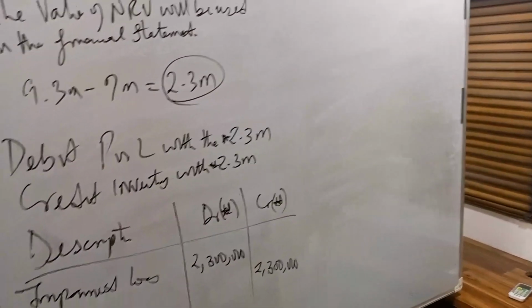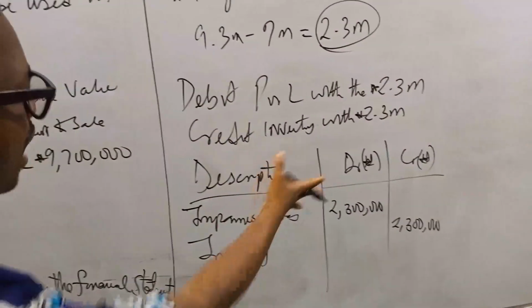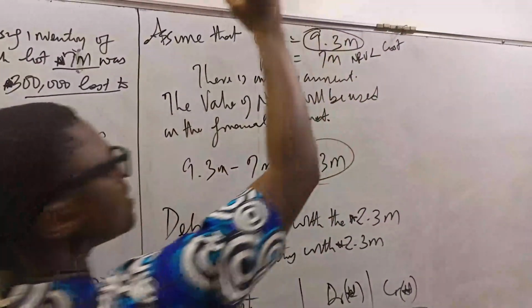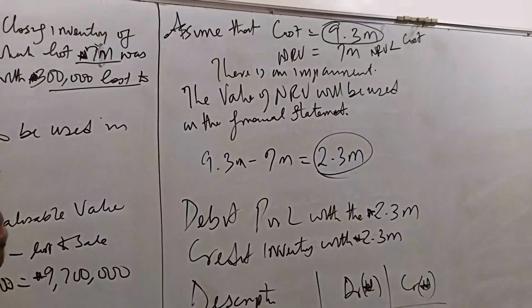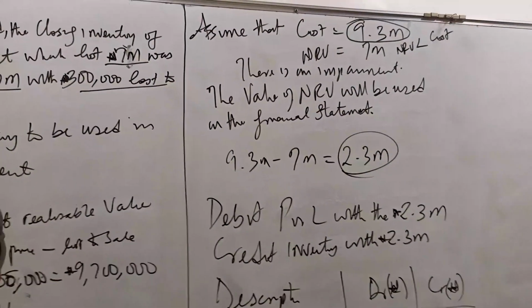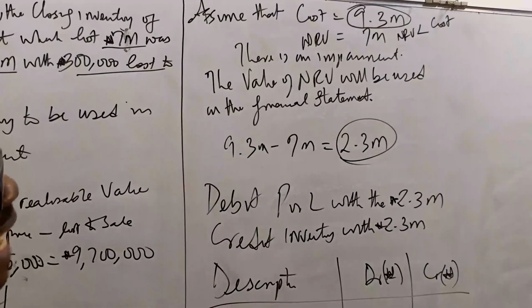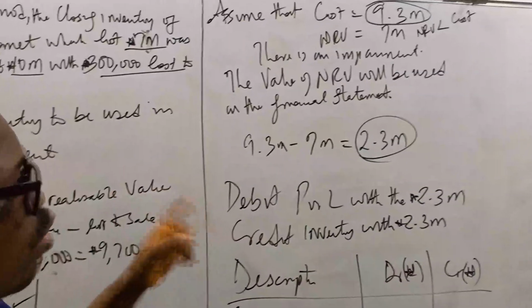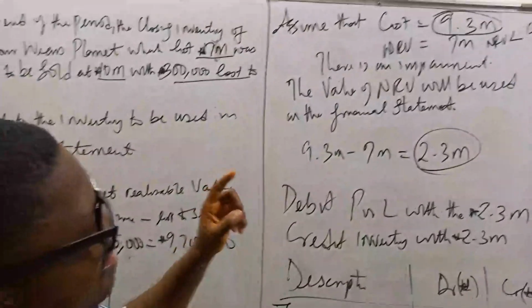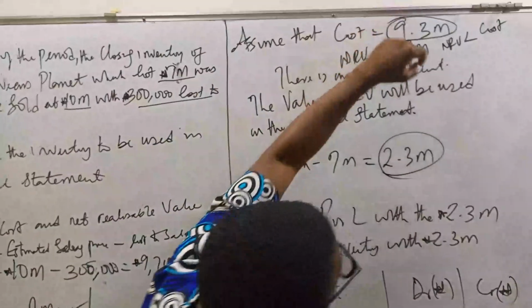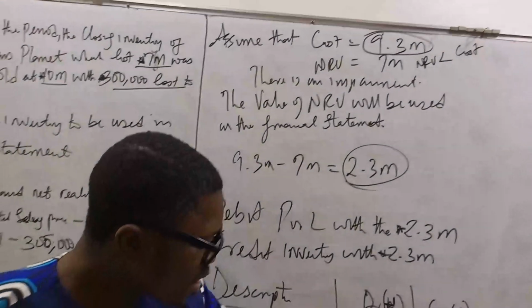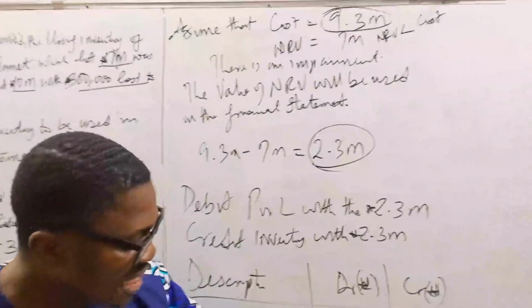Now let me explain something here. Recall that prior to the end of the year, we have this in our inventory account, right? And now, because NRV is less than the cost, and the standard is saying that we use the lesser of the two, that simply means that to have 7 million in that account, we need to credit inventory with the difference between the NRV and the cost.